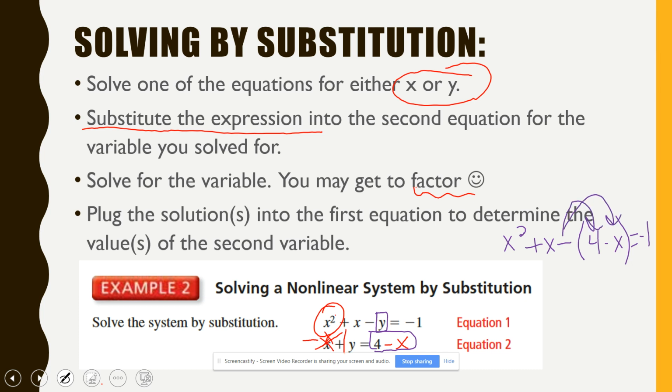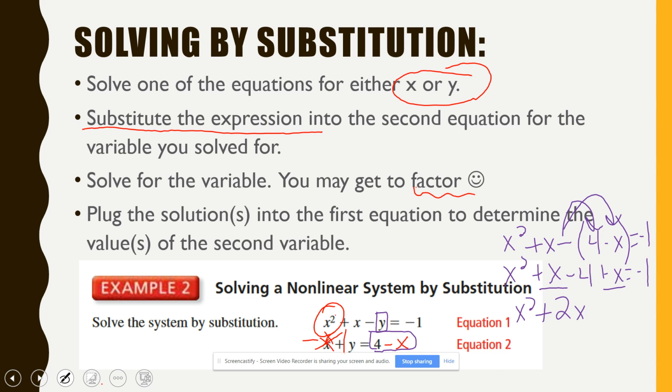I'm going to distribute the negative: x squared plus x minus 4 plus x is equal to -1. I'm going to combine these two like terms. Now they're on the same side, so we don't do opposite operations. So 1x plus 1x is 2x.